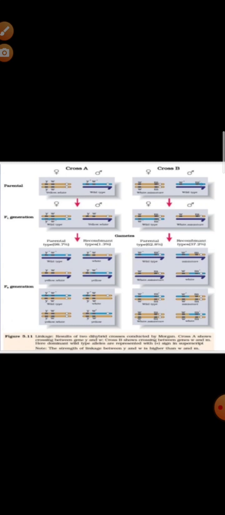So when these parents of yellow and white and wild type were crossed, what gametes came? The gametes you can see are small y small w and small y plus small w plus. In the F1 generation, again what happened? This wild type and yellow white type were again crossed, and after that selfing was done to produce the F2 generation. So this is linkage and recombination.